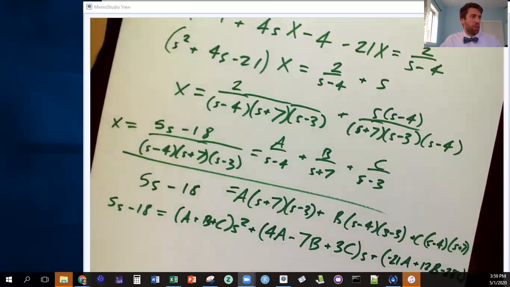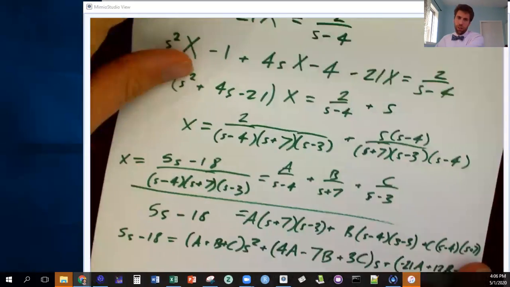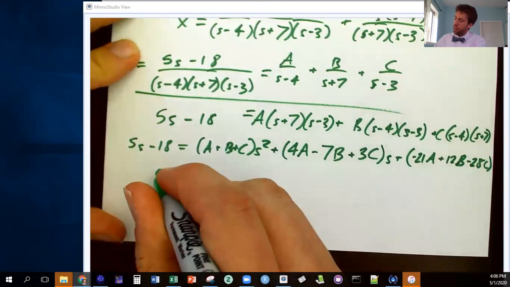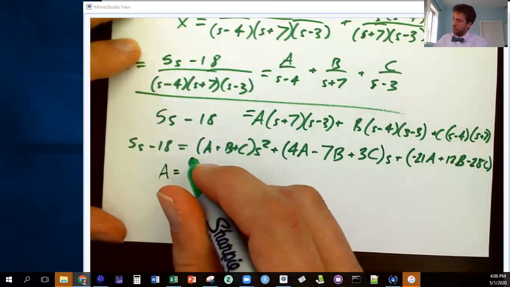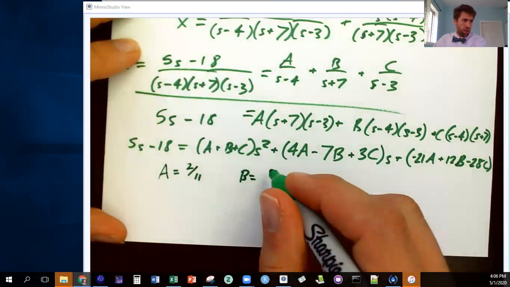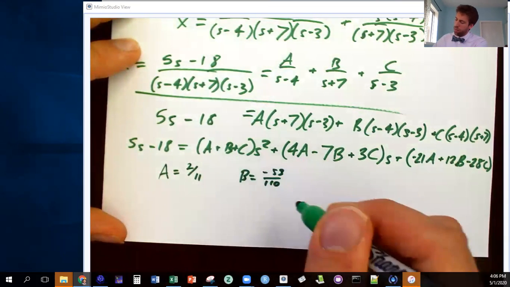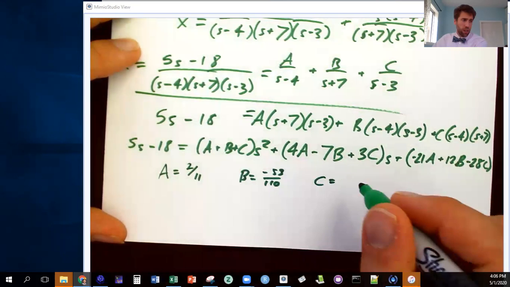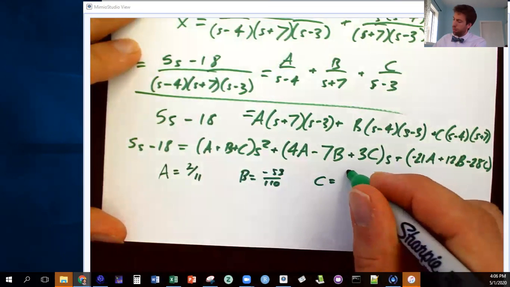Okay, well, that creates some fun algebra. I'm going to pause over here, put this all on Sage, and get back to you. Okay, after looking at Sage, I found that A is 2/11, B is negative 53 over 110, and C is positive 3/10.